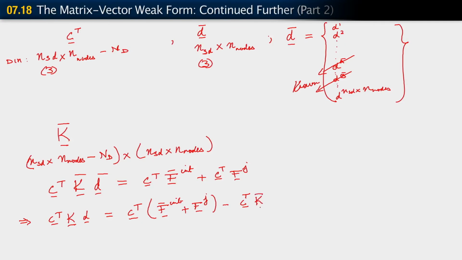C transpose times K bar. Now for K bar you will have the A bar column times the dA bar degree of freedom. The dA bar degree of freedom here is just a scalar. Likewise, you will also have C transpose times the K bar B bar column times the scalar degree of freedom dB bar.